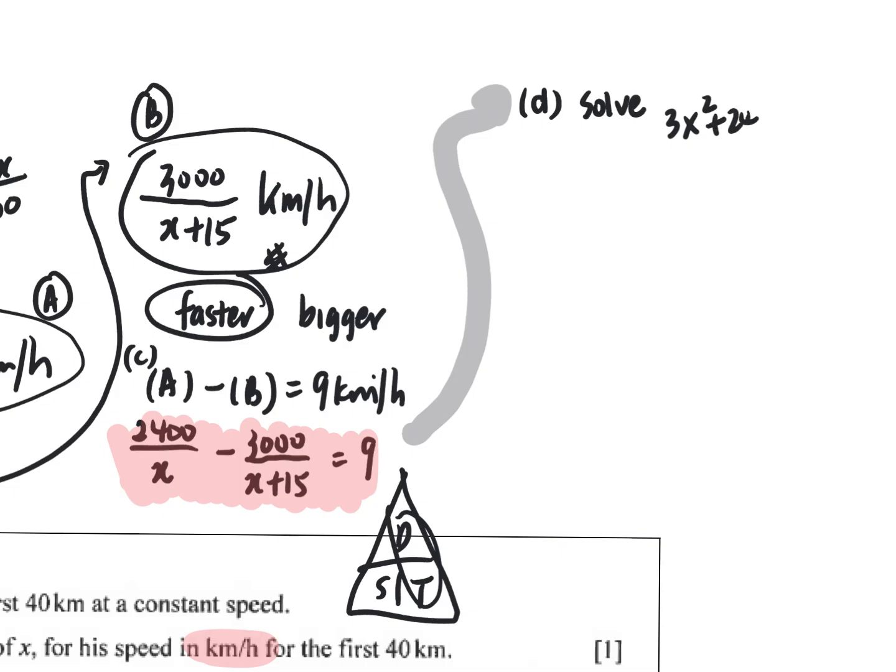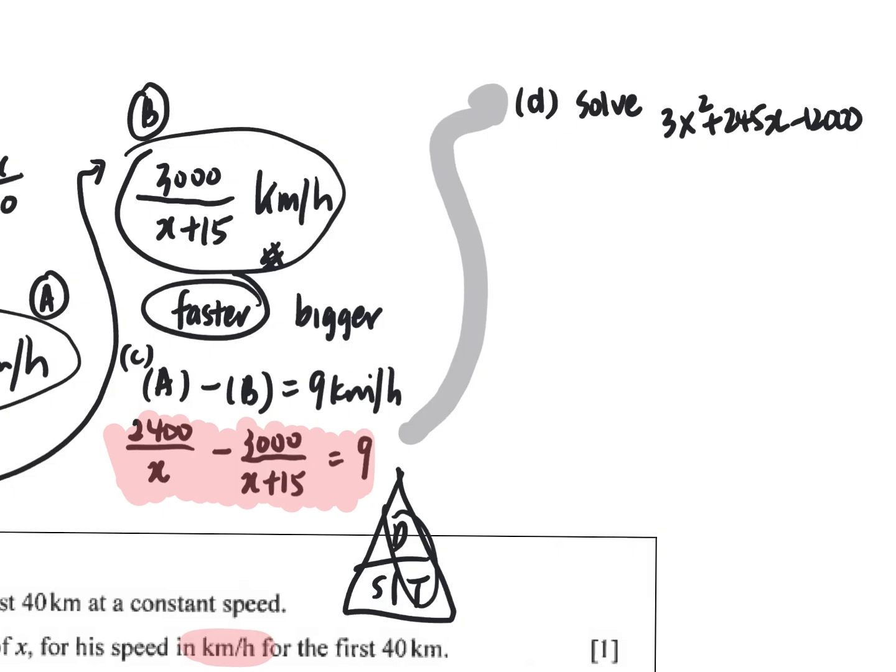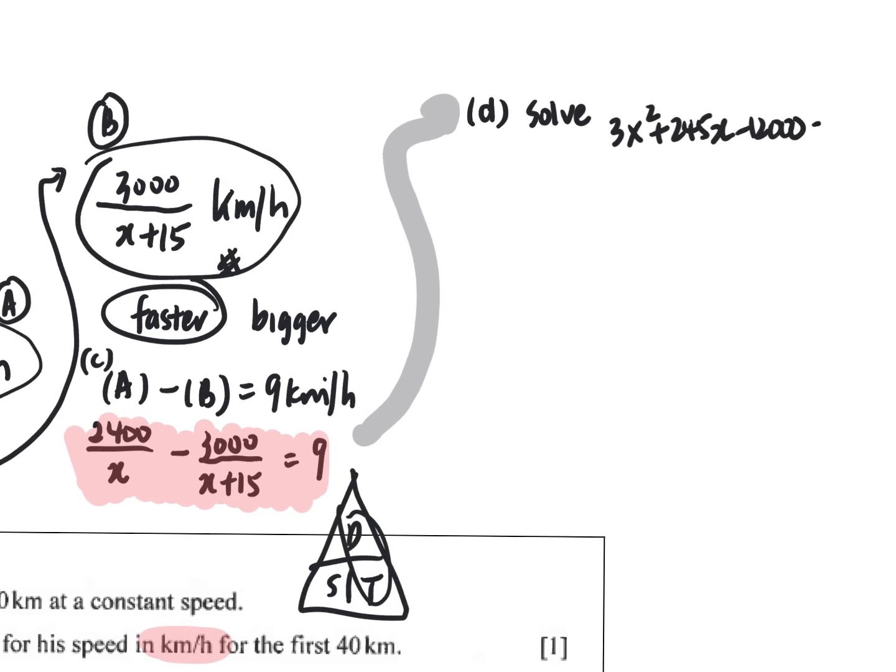is important because when I was marking your work, some of you were losing marks here and there. Okay, so part C asks you to show the quadratic equation, and then part D asks you to solve. When they ask you to solve, they ignore the context of the story. That means they don't care whether this X represents speed, length, time, or anything. So when you solve, there are always 2 solutions.